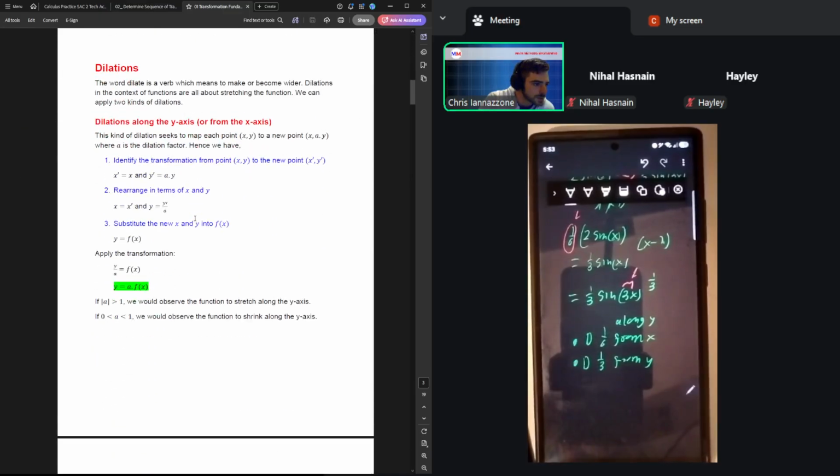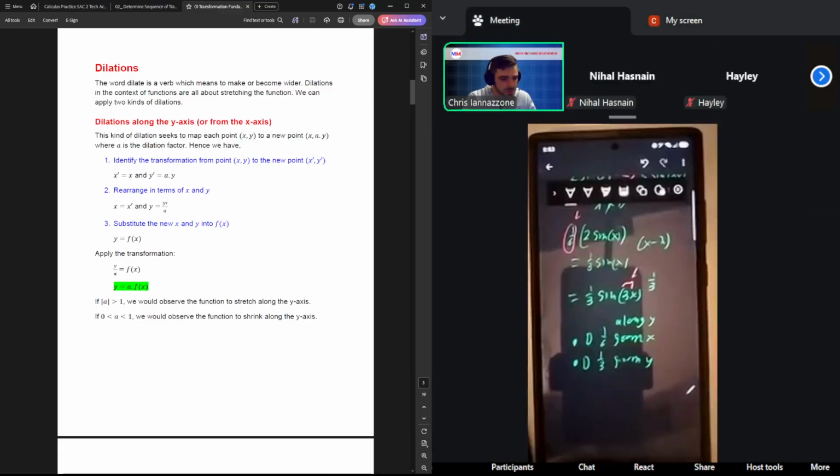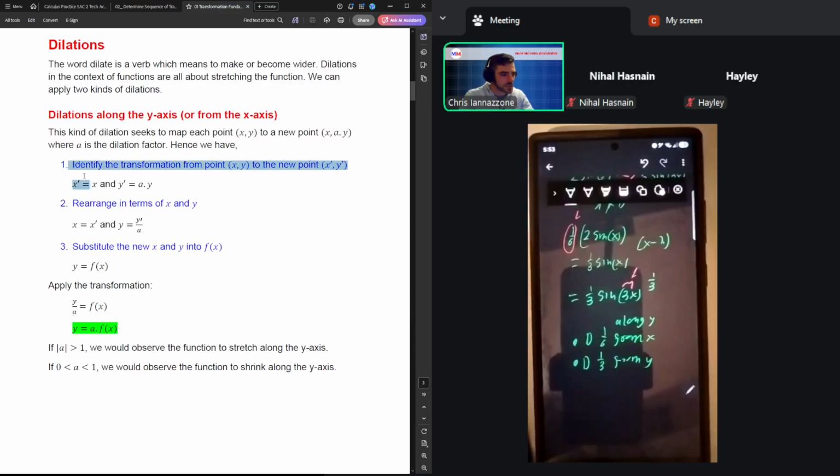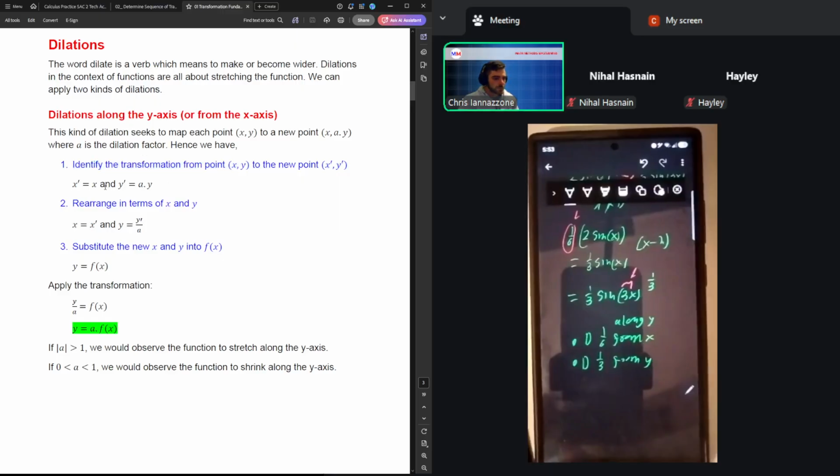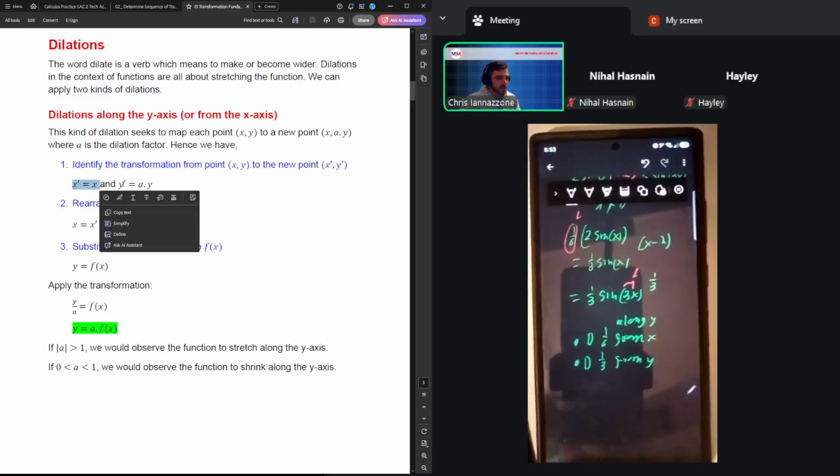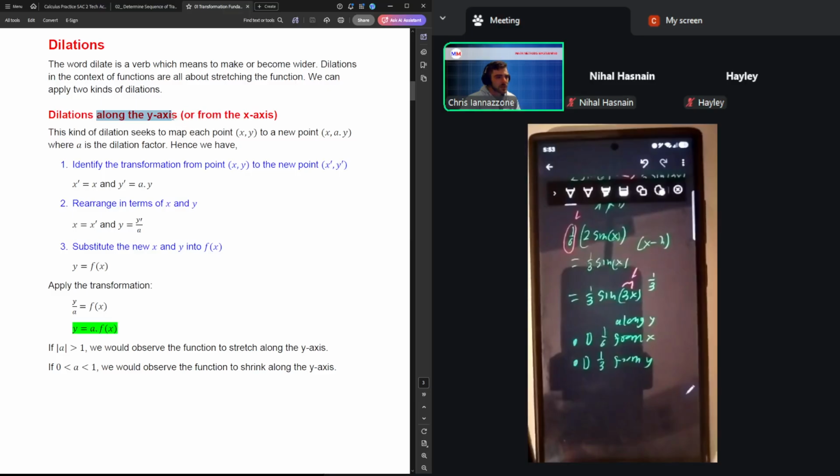Okay, so if we have a look at how dilations work from the point form version, we're using your x dashes and y dashes, they're all done in the exact same way, which is first up identify the way the transformation works, which is you have x dash as the same, and in this case if we're applying a dilate along the y or from the x, it is a multiplication on the y variable. From there, there's this step that essentially flips the order of things. You rearrange to get x and y on their own, rather than x dash and y dash on their own.